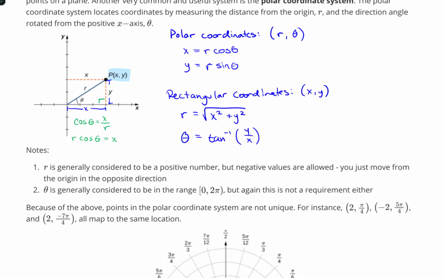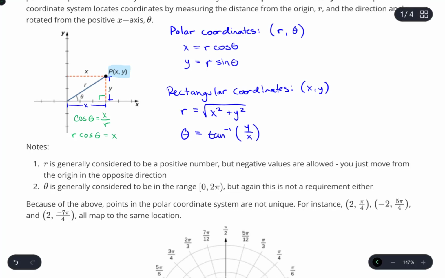So for instance, r is generally considered to be only a positive number, but really negative numbers are allowed. You just move away from the origin in the opposite direction when you determine your direction angle. Theta is generally considered to be a value in the range 0 to 2 pi, but again, that's not really a requirement. It can be outside of that range. It just gives you an equivalent angle that would be coterminal with the provided angle.